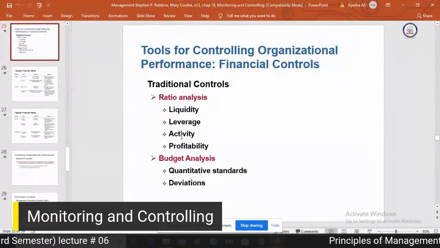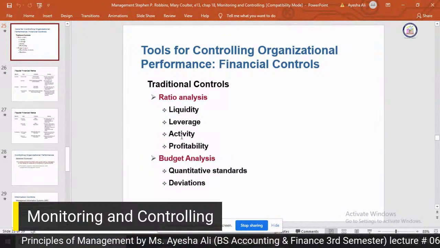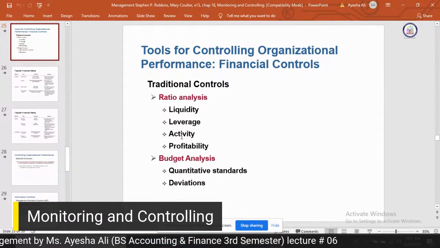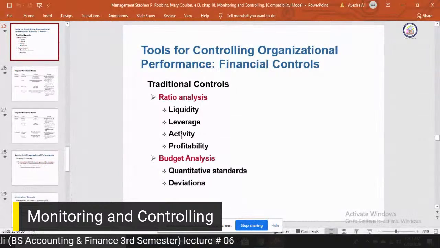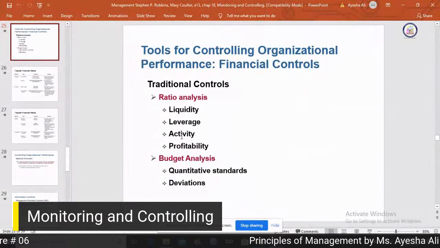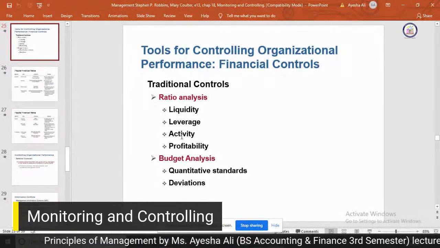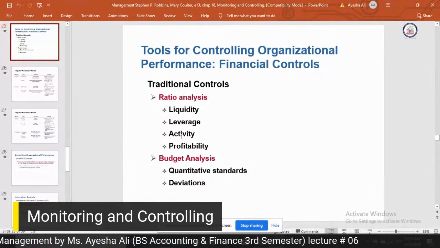In the coming slides, we will look at all those ratios in detail, but only briefly, not in very much detail because it's a topic of accounting, but we will try to cover some basic things about these ratios.